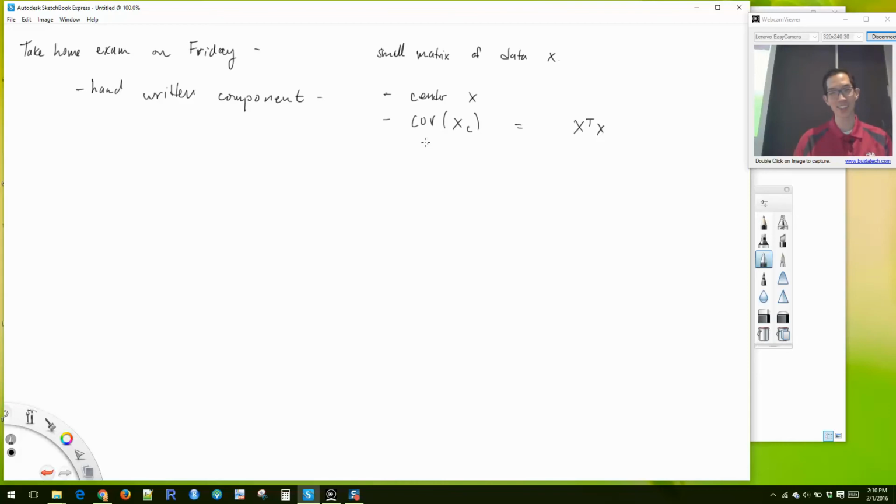Okay. So you center your X, and then find your covariance, and then you're going to do your spectral decomposition or eigen decomposition. Okay, and then re-express X in principal components. Okay. And I think this is very doable.